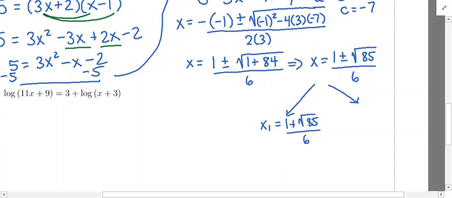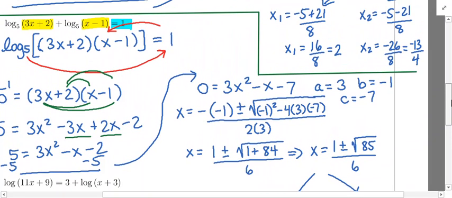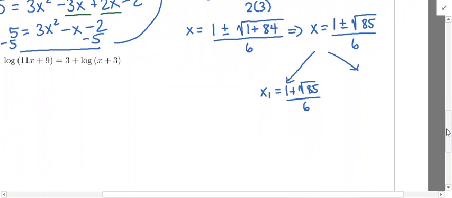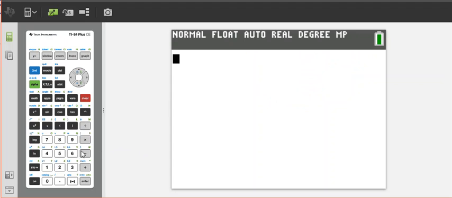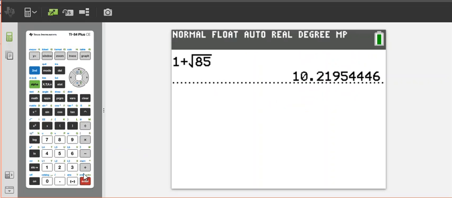I have to check that in the original equation, just to make sure that if that's my x value, I don't end up taking the logarithm of a negative number or of 0. Because this is complicated, I'm going to get a decimal approximation using the calculator. I'm going to do 1 plus the square root of 85, the numerator, divided by 6.